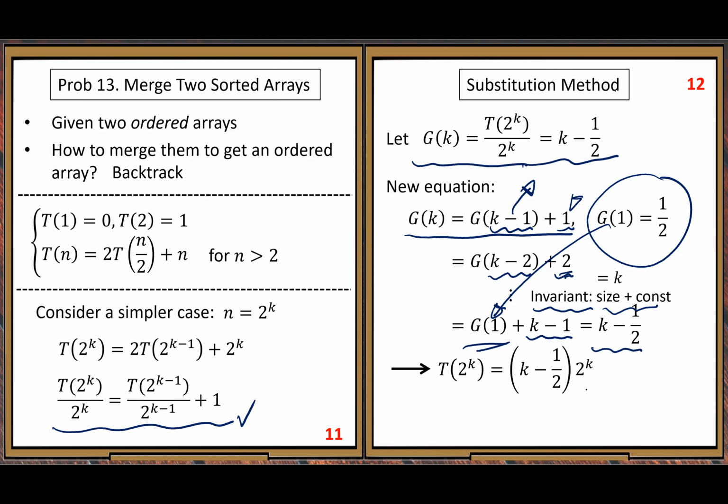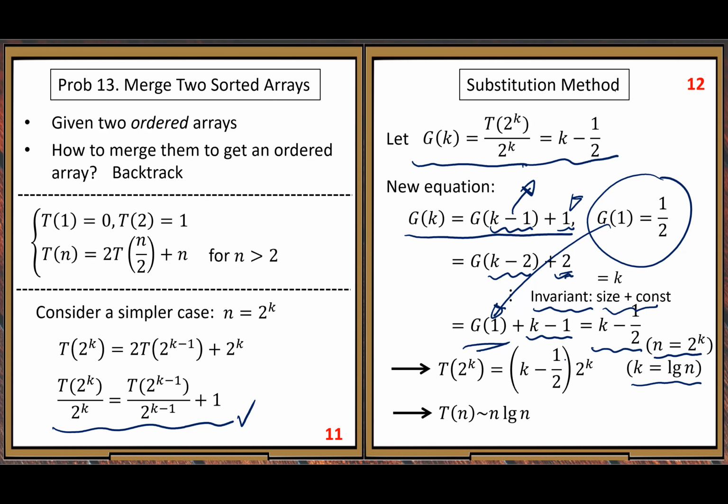But we need to go back to the original n. We replace 2 to the k by n, and k by log base 2 of n. So let's do that last substitution. We get t of n approximately equal to n times log n.